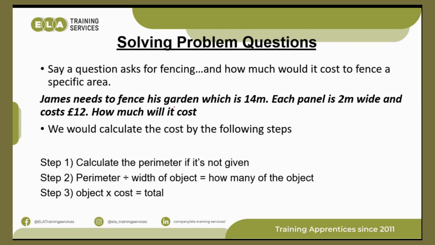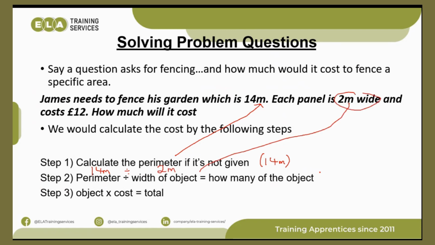So firstly, we would calculate the cost by following these steps, and we use this for any perimeter problem question. Step 1, we calculate the perimeter if it's not given. Here it is, so we're going to say 14 metres. Then we calculate how much we need of an object, for example, how many fence panels, hedging strips, or how much ribbon, by doing the perimeter, which is 14 metres, divided by the width of the object, which here is 2 metres.